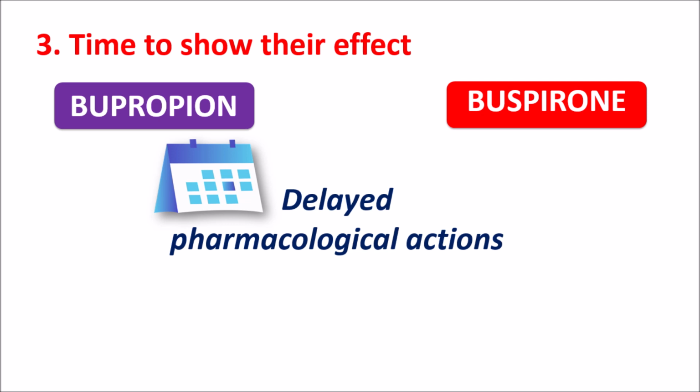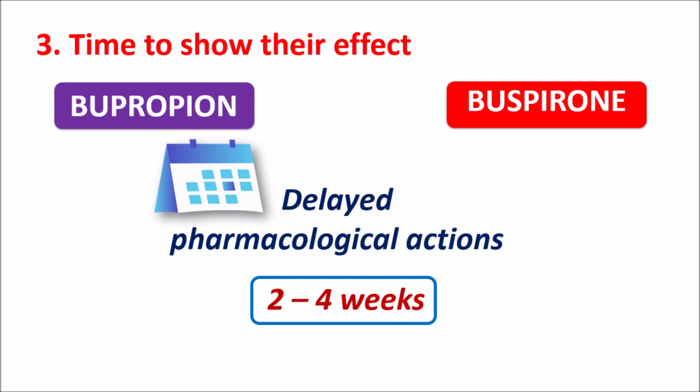For instance, Bupropion cannot reduce the depressive symptoms immediately after administration, but it can take around 2 to 4 weeks in order to elevate the mood and reduce the symptoms of depression. Sometimes it can also take more time, around 4 to 8 weeks, to produce beneficial effects. Similarly, Buspirone can also take 2 to 4 weeks in order to show its anxiolytic effect. So at this point, both of these drugs have similarities. They produce delayed pharmacological actions.